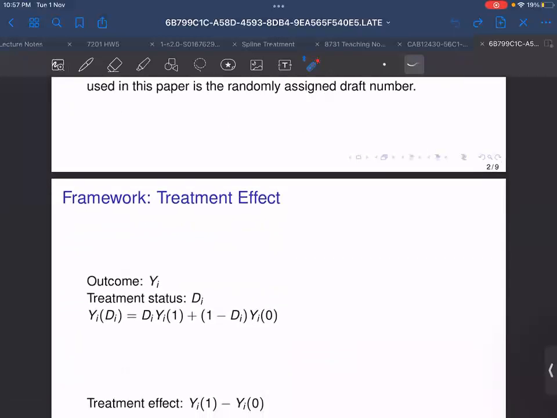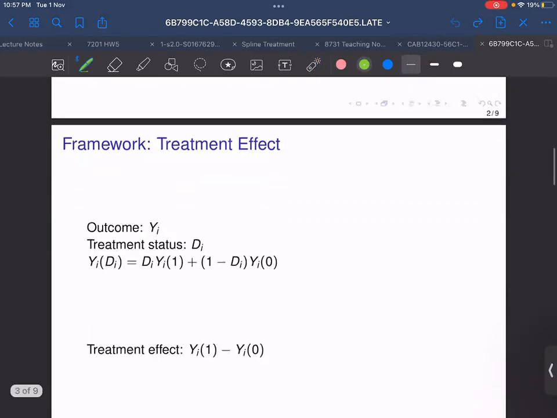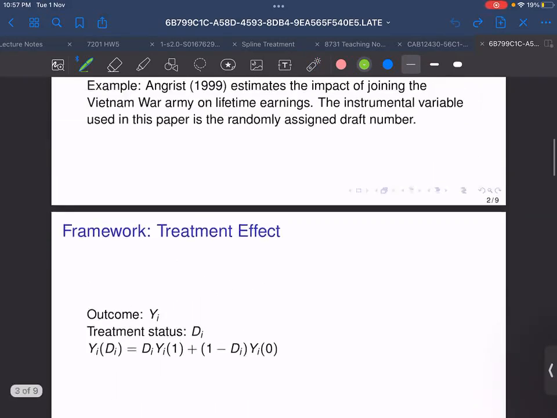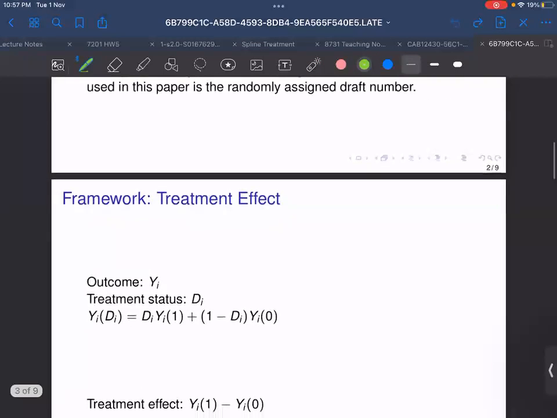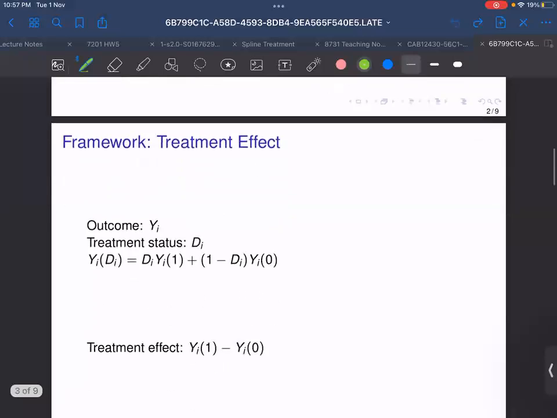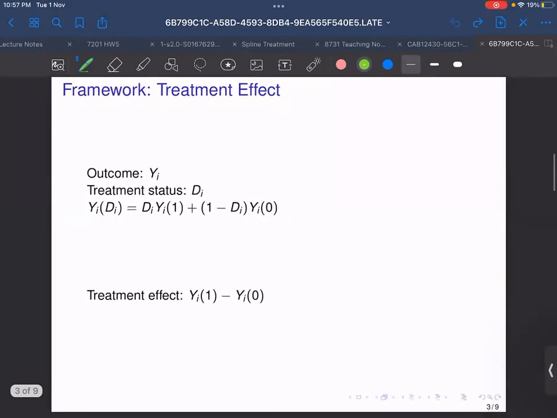I'm going to relate this theoretical framework and all these notations back to the Vietnam War Army example, so that you can better understand what the local average treatment effect is. The outcome variable here is lifetime earnings, so Y_i denotes the lifetime earnings of individual i.